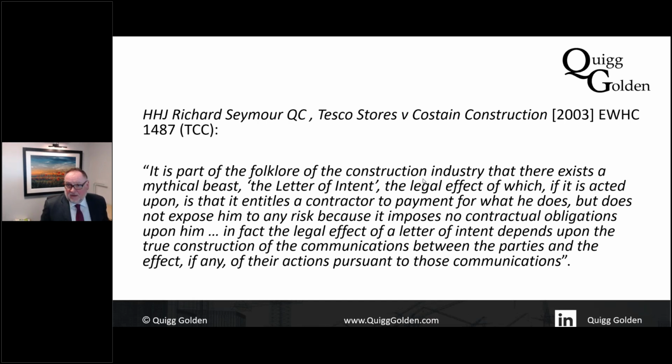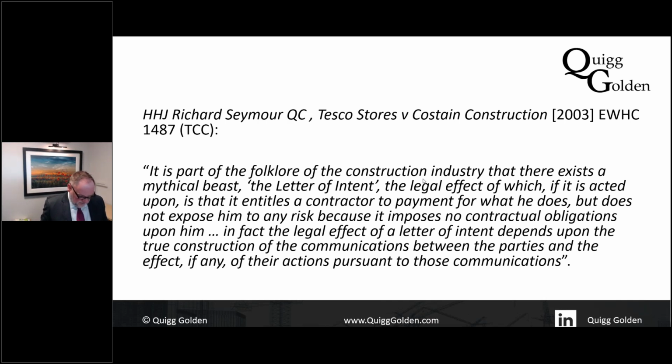In fact, the legal effect of a letter of intent depends upon the true construction of the communication between the parties. In other words, what a letter of intent actually means depends on what you say and how you act.